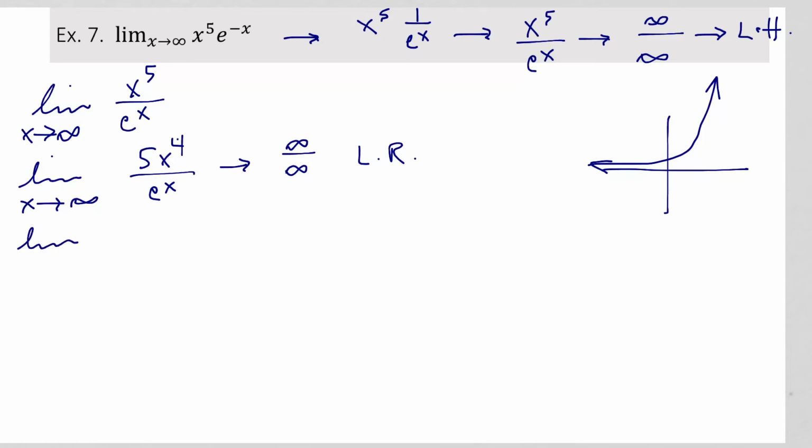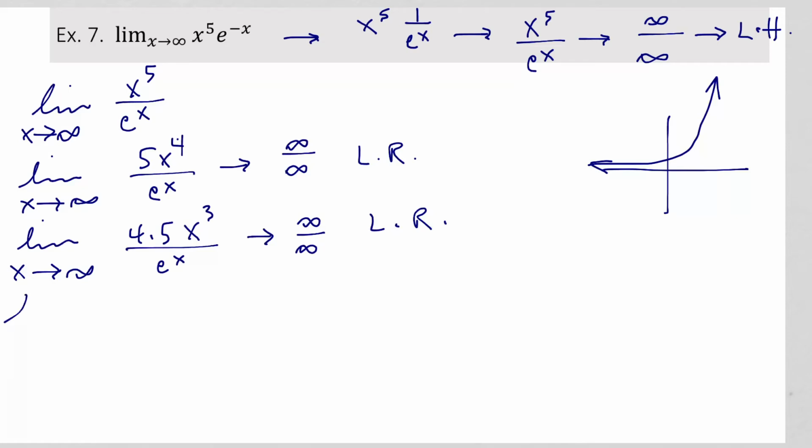So this is the same thing as the limit as x approaches infinity of 4 times 5 x to the third this time over e to the x. If I evaluate, I'm going to still have infinity over infinity, so I'm going to apply L'Hopital's rule again.